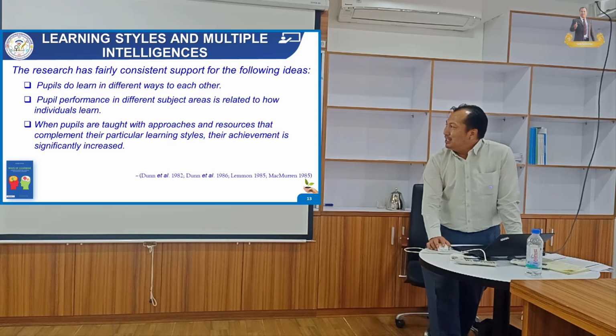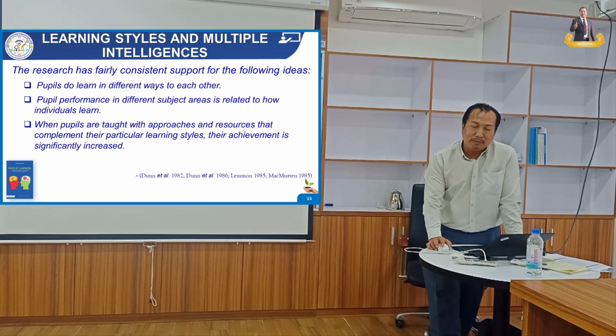Pupils' performance in different subject areas is related to how individuals learn, based on their learning preferences. When pupils are taught with approaches and resources that complement their particular learning style, their achievement is significantly increased. You can also do experimental research on that.